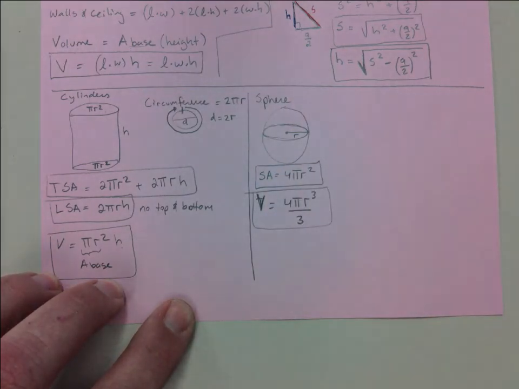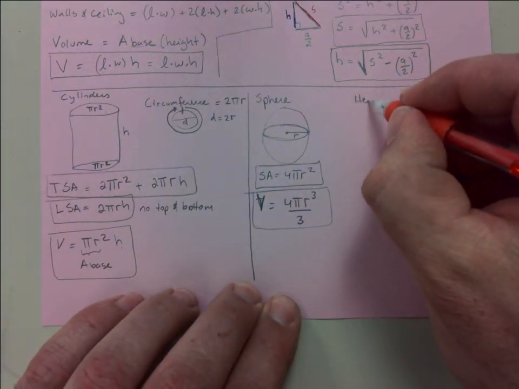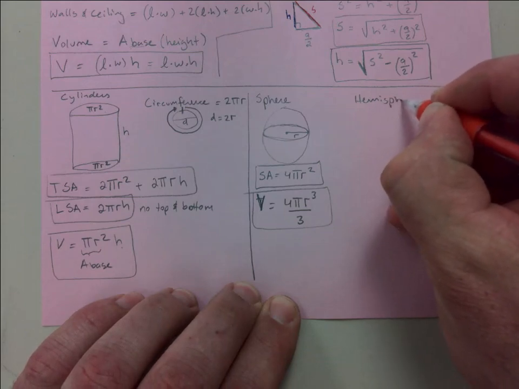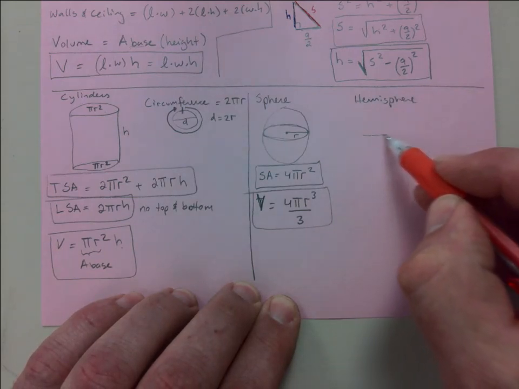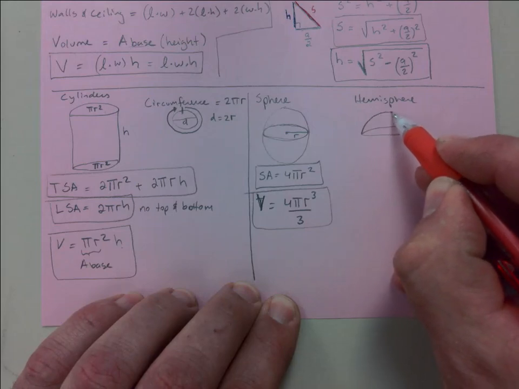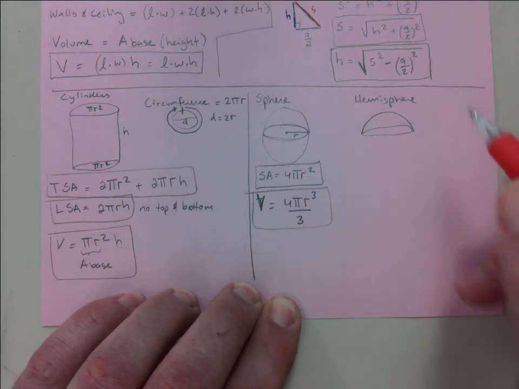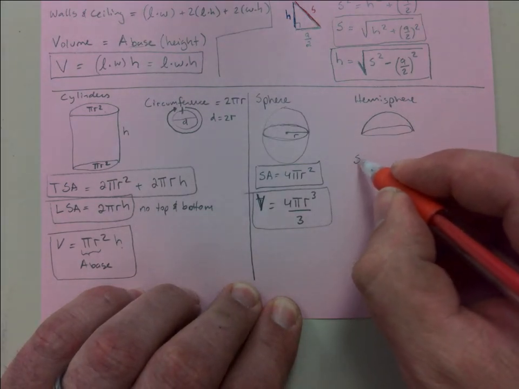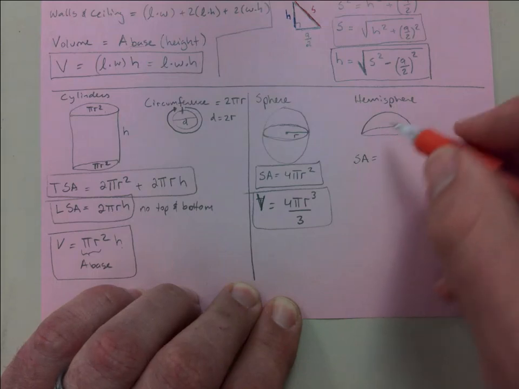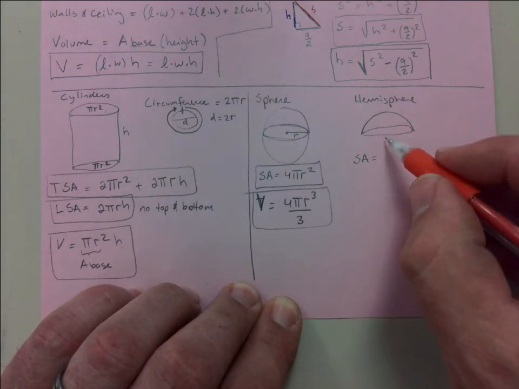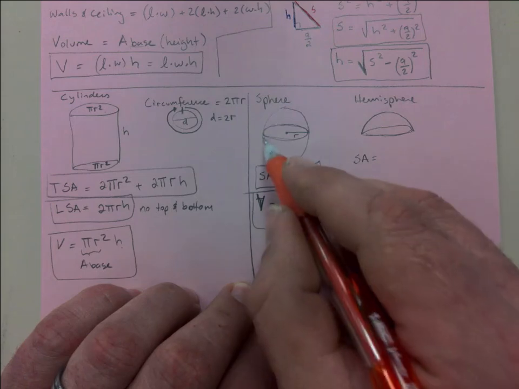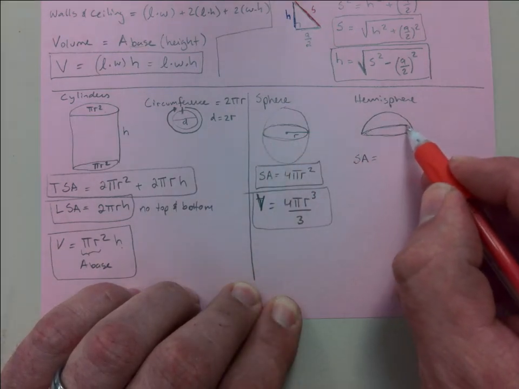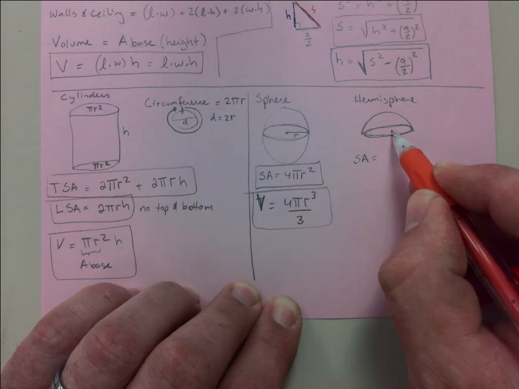This is called a hemisphere. It's simply half a sphere. If you want the surface area of the entire thing, including the base, imagine this has been sliced open and now there's a base to it here.